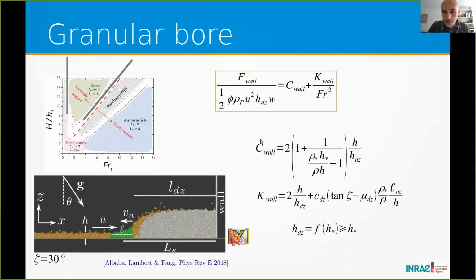And you have analytical expressions for these two coefficients, the first one being a function of the jump height, and the second one being a function of the length of the bore, the density variation, and the jump height through the height of the static zone. So it's important to note that these coefficients are dependent, okay?